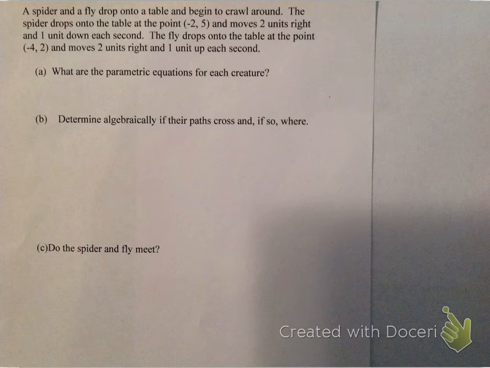A spider and a fly, they drop onto a table and they begin to crawl around the table. The spider drops onto the table at the point -2,5. So I'm going to write the x equation for the spider and the y equation for the spider. And the spider first drops onto the table at the point -2,5. So the spider's starting x is -2, the spider's starting y is 5.